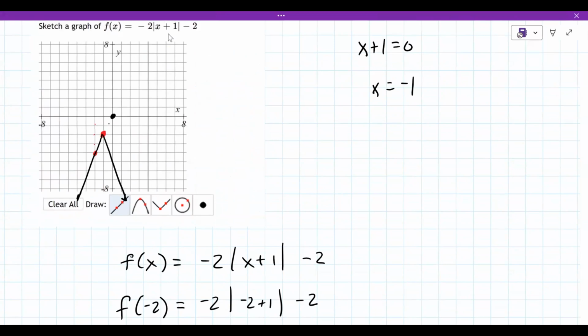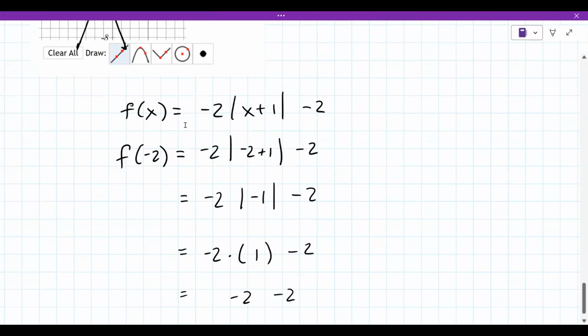I'm just writing this down really quick. All right, so our x coordinate is -2, and then that means our y coordinate will be -2, -2.